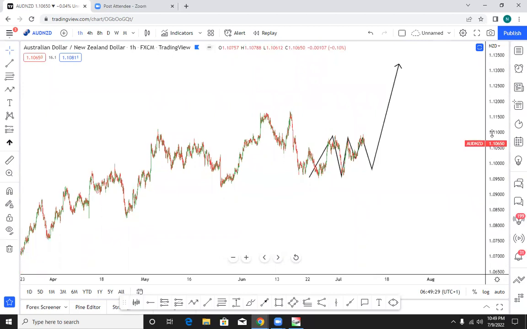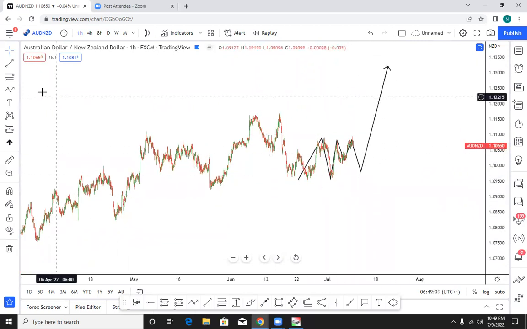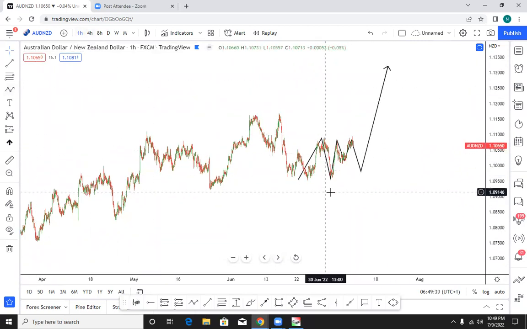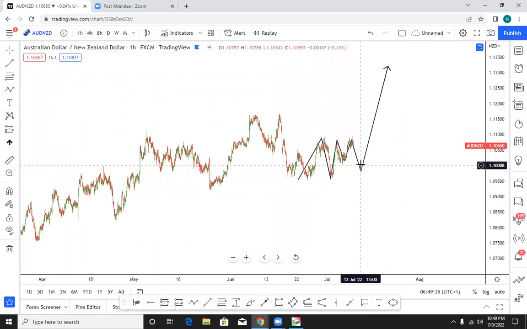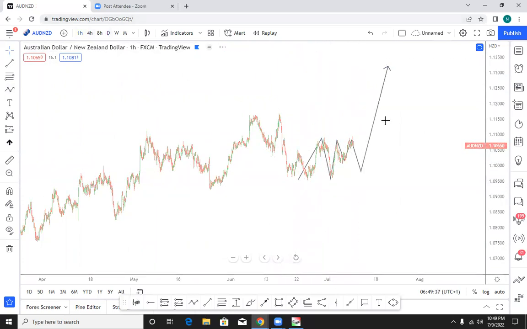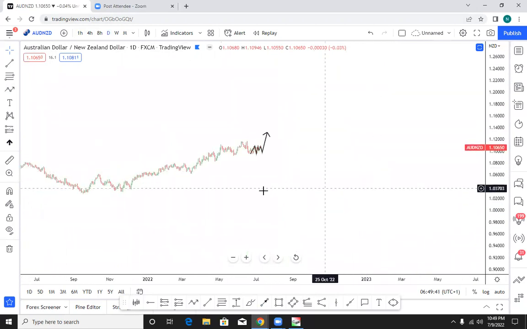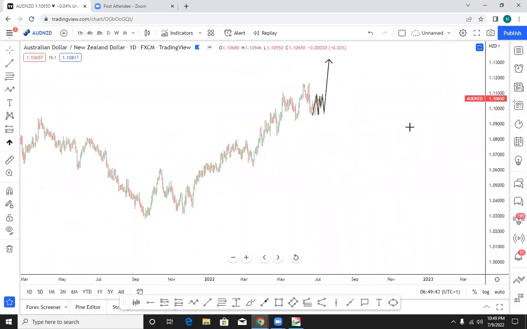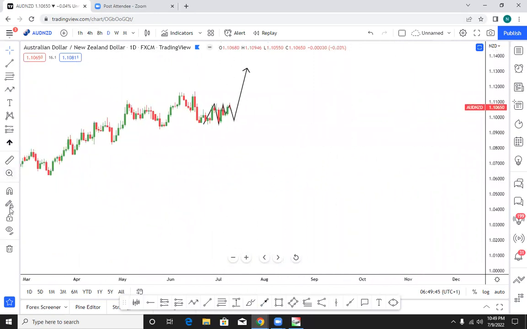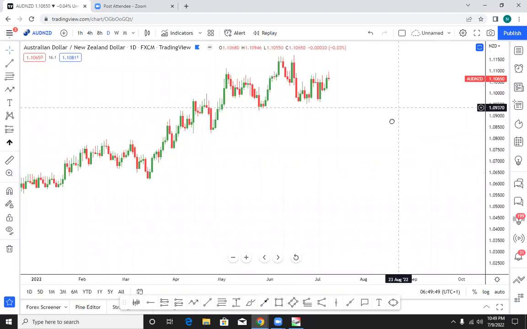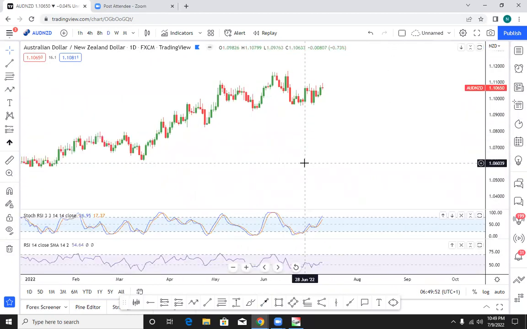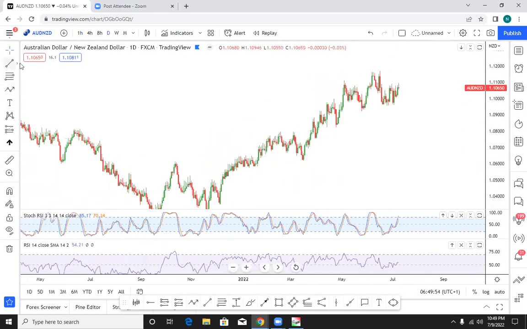But what am I saying? Don't look at it this way. In your 1 hour time frame, you are looking at this as an uptrend. But in my daily time frame, I'm looking at this as my uptrend is over. We are due for a bigger correction, as reflected in this divergence.